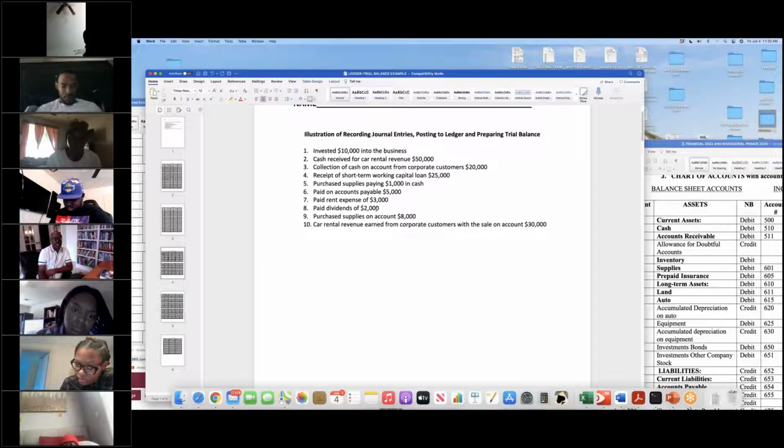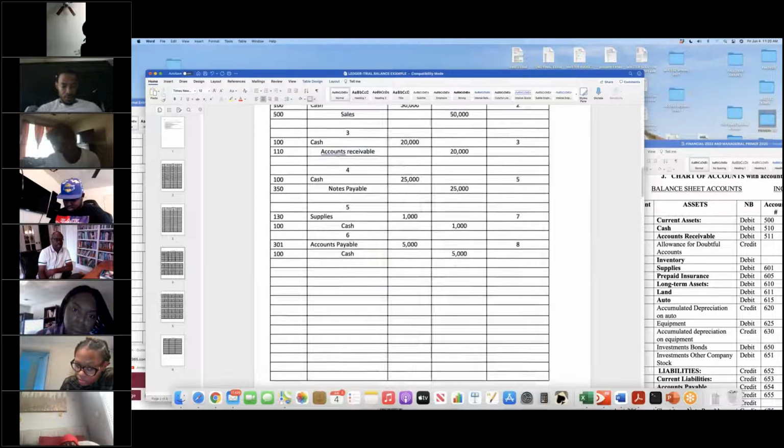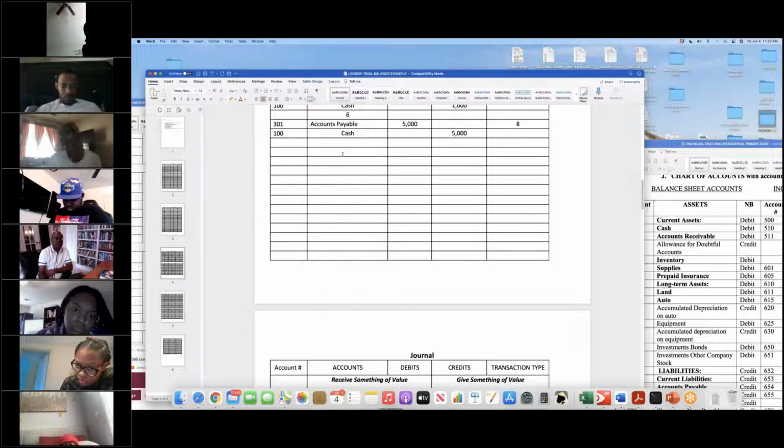Paid rent expense, 3,000. So we paid the rent expense, 3,000. So that's transaction 7.